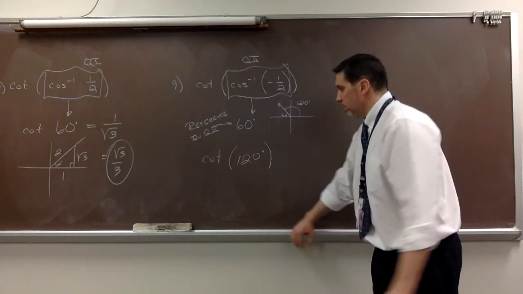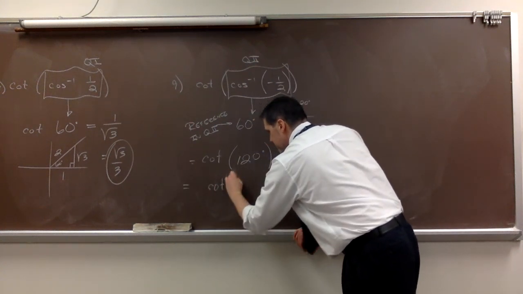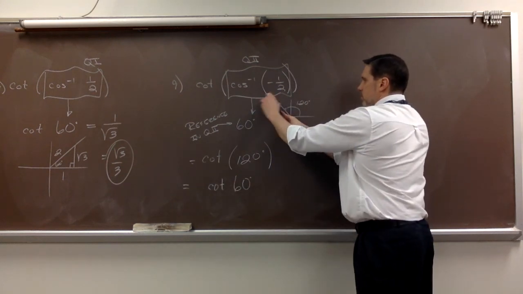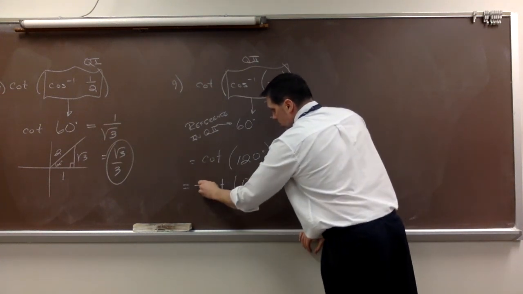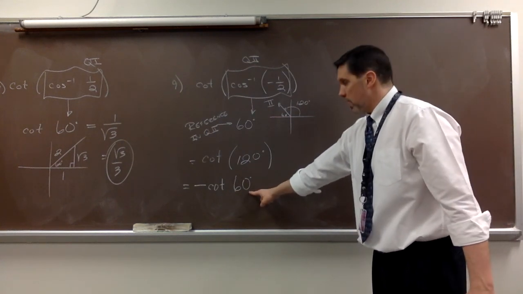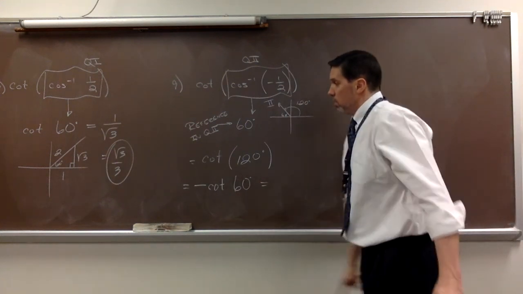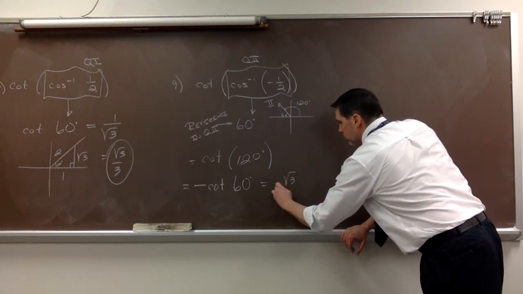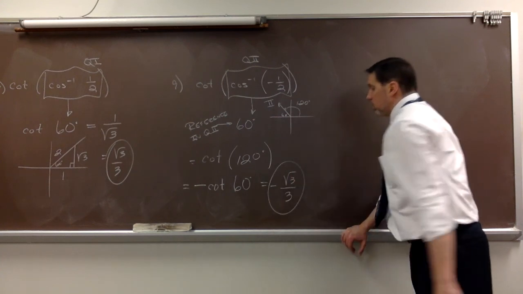Well, it's the same thing, we could say, as the cotangent of 60 degrees, but you're in quadrant 2, where cotangent is negative. Remember doing things like this. Deal with the reference angle instead of the actual angle. So, negative cotangent of 60, well, don't have to reinvent the wheel here. The cotangent of 60 is the square root of 3 over 3. And then we just take the opposite.